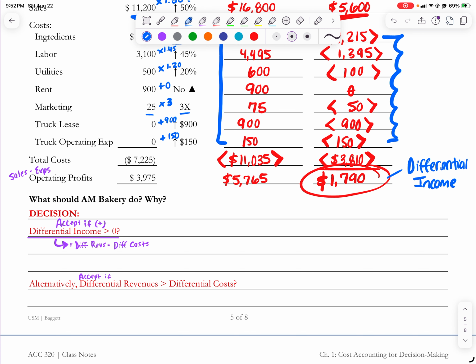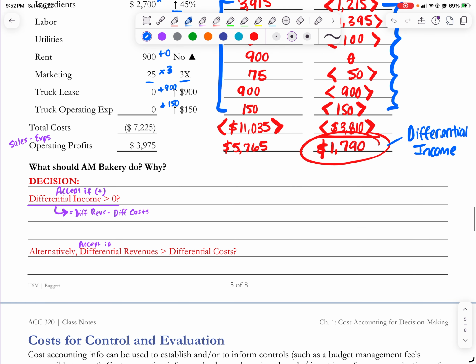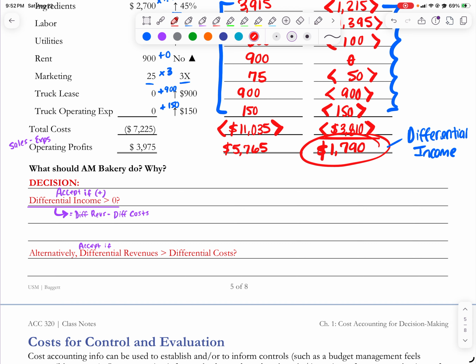It's positive, it's greater than zero, so that means it adds to income. Operating or taking on the food truck would lead to higher profits, is what that means, or higher income. So what should AM Bakery do? They should expand and open the food truck.